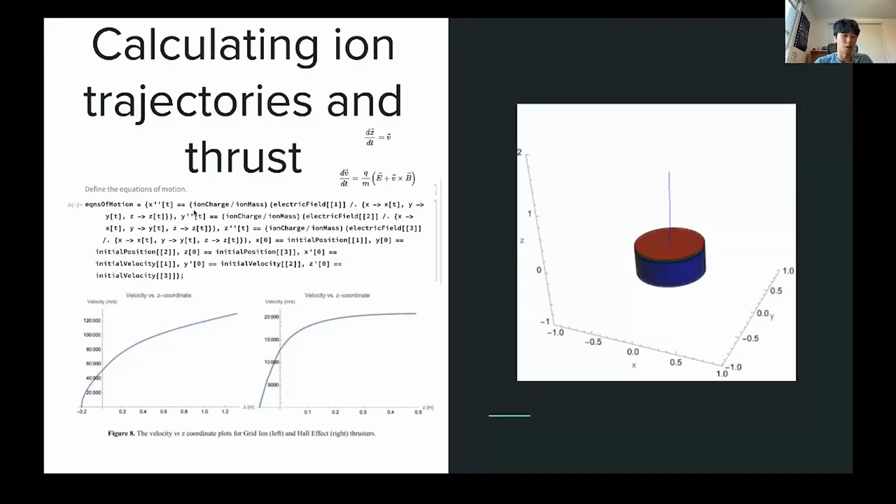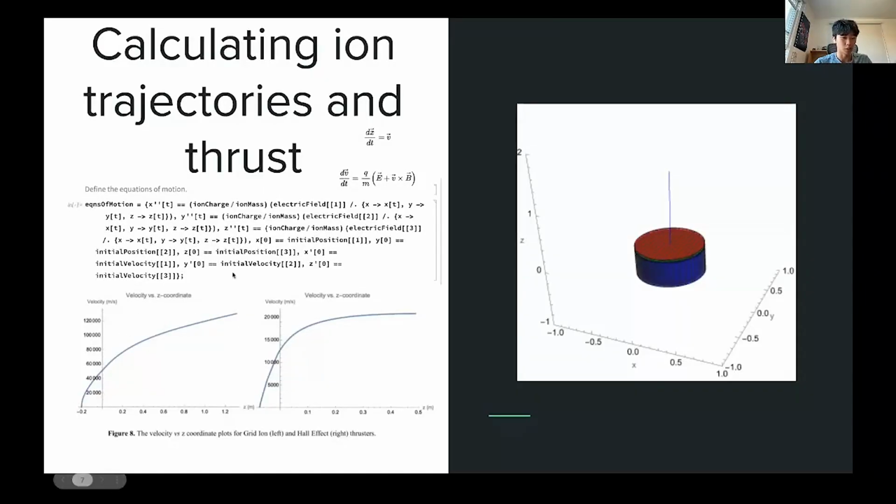I just calculated all the forces acting on one specific ion, and used forward Euler integration to simulate the trajectory of the ion as time went on. I have the x, y, and z directions of the magnetic field strength, the electric force and the magnetic force to push the particle and calculate the velocity over time.